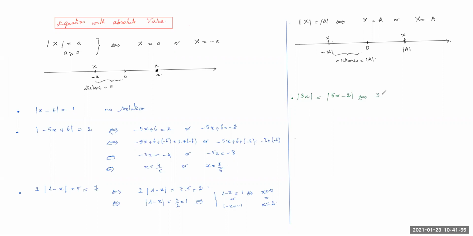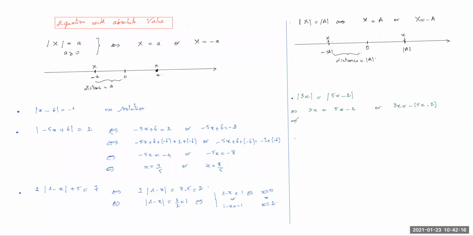It will be either 3x equal 5x minus 2, or 3x equal the opposite of the second quantity.